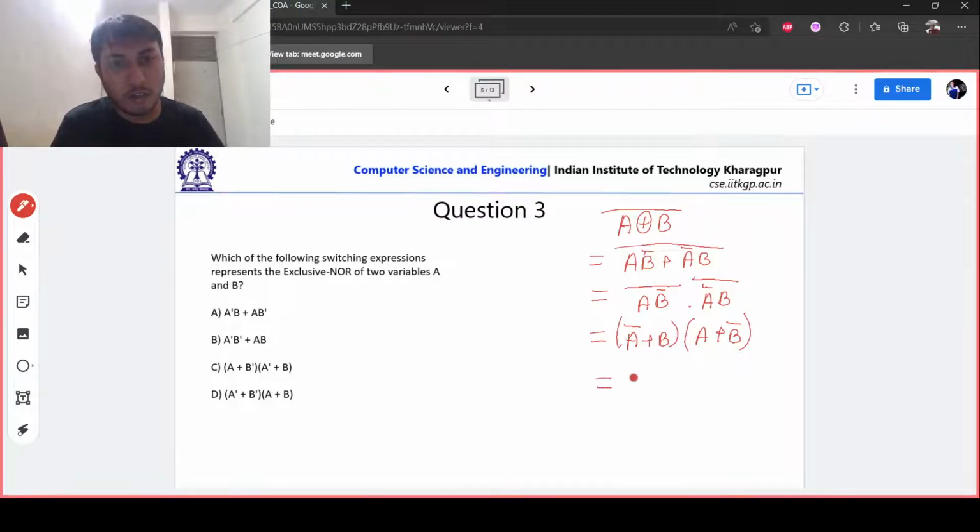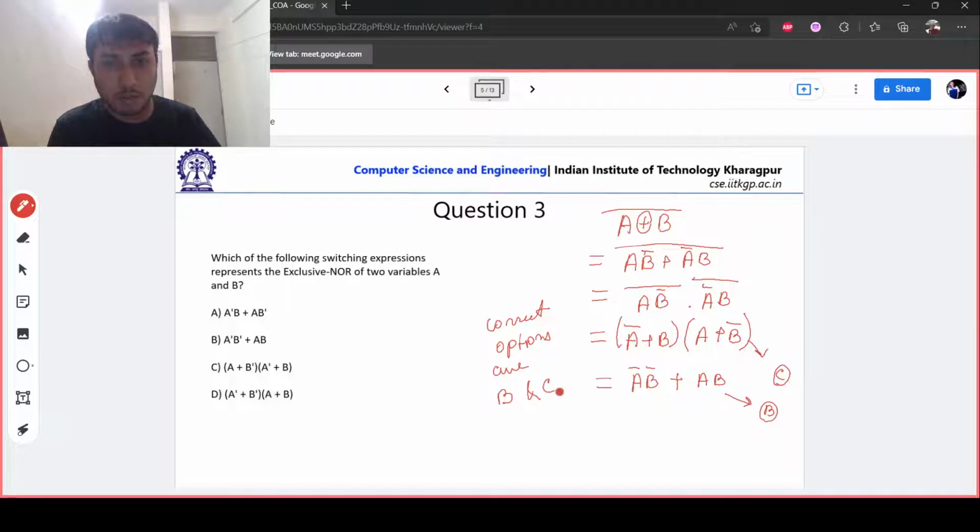We can further break it down as A bar B bar plus A B. So this represents option C and this represents option B. So this question has two correct options. So the correct options are B and C.